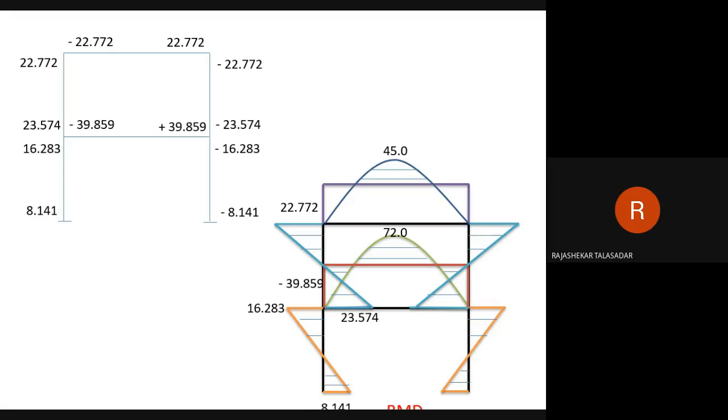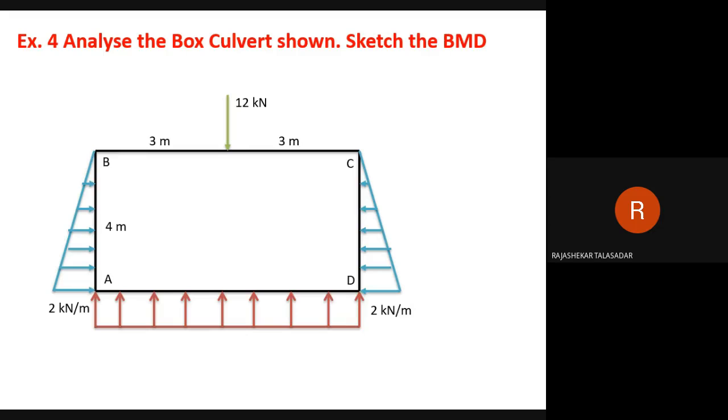So next, this is the practical problem. Analyze the box culvert shown in the figure. You might have found some nalas and streams where water is flowing. There will be a small bridge they are constructing with pipes inside. Have you seen that? Those are called pipe culverts.